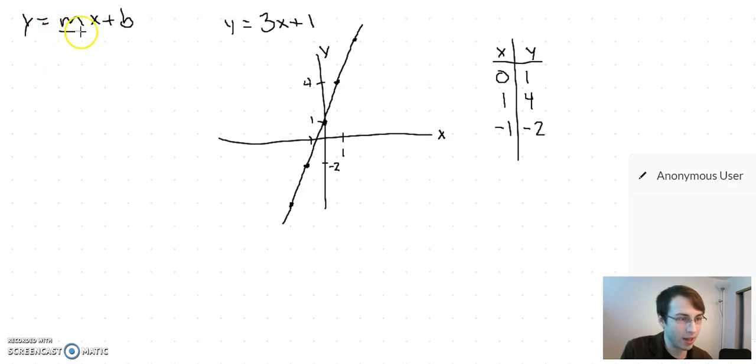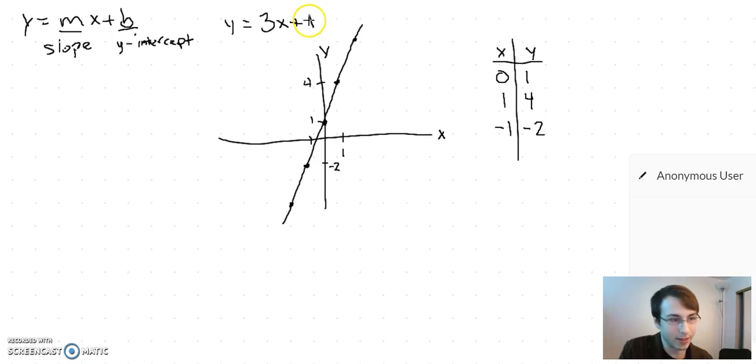The m term is called the slope. And the b term is called the y-intercept. So in this case, 3 is the slope and 1 is the y-intercept.